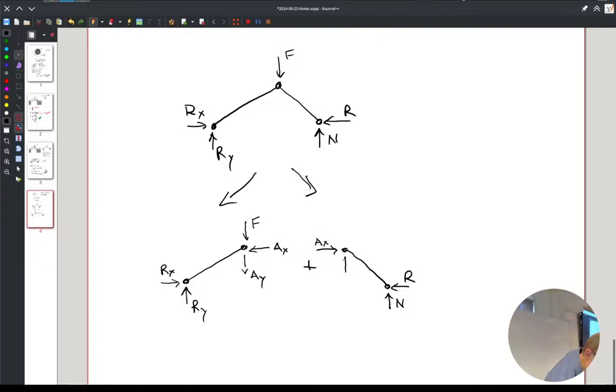It's pointing down, now it's pointing up for AY. And then F, you just choose one, because if you add them back together, all the internal forces should add up to 0, and the total F should just have 1F, not 2F. But if you split it up this way, then you don't go through any of that trig work.